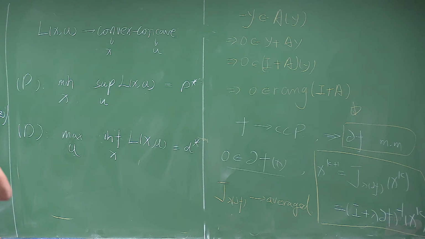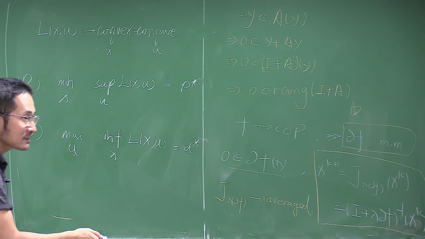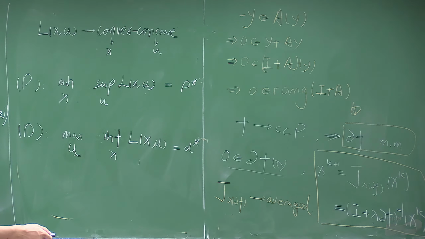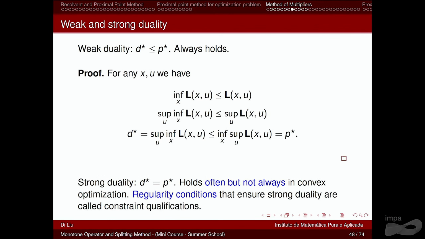Then we conclude from the analysis here that D star is less than P star. This is what we call weak duality, which doesn't require any constraint qualification. For any convex-concave function, we have this property.